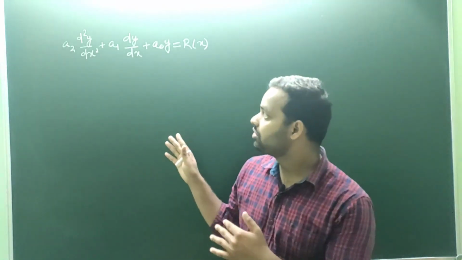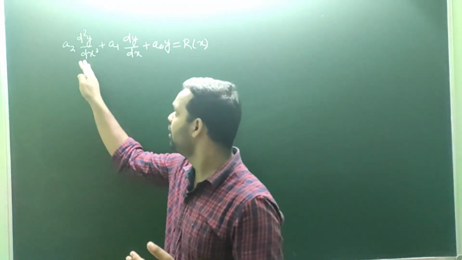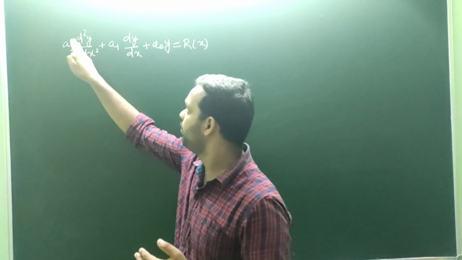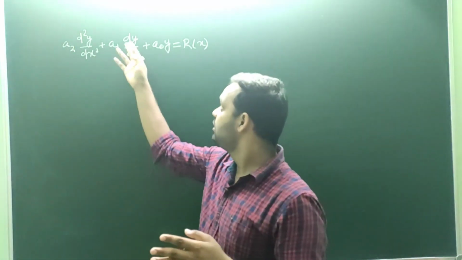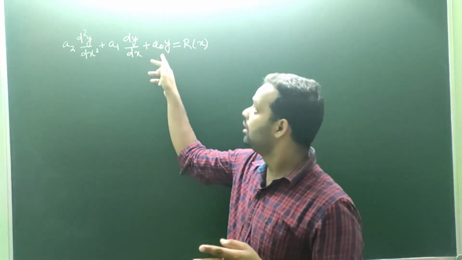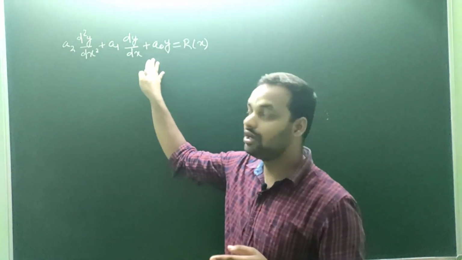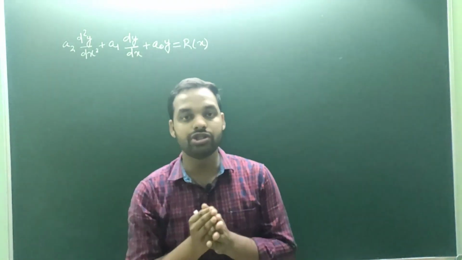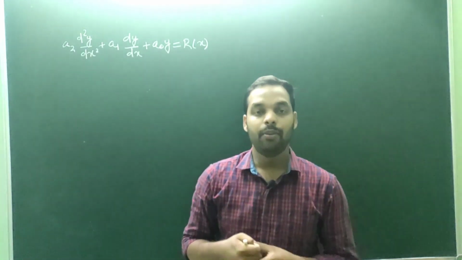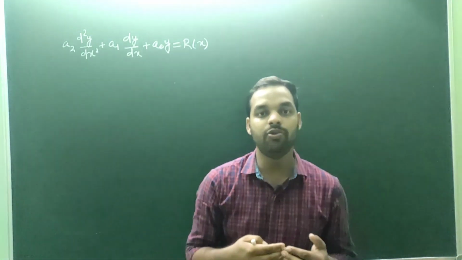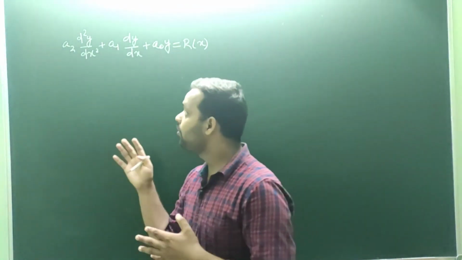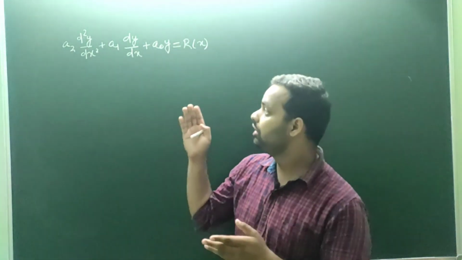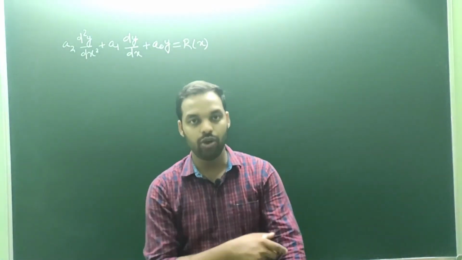For complementary function, you just take this d square y by dx square as m square, similarly this one m, and this one only the coefficient, right? Then you have to find out the roots of that auxiliary equation, and depending upon those roots, you have to find out the solutions or complementary function. And for particular integral, you have to use this operator method I told you.